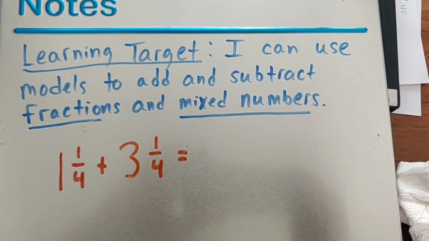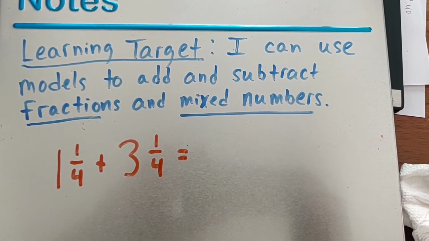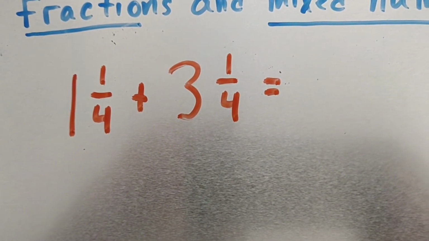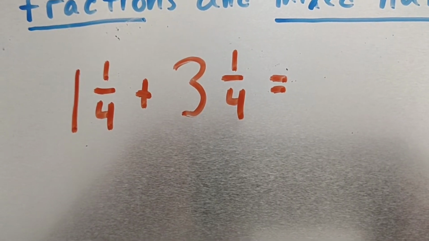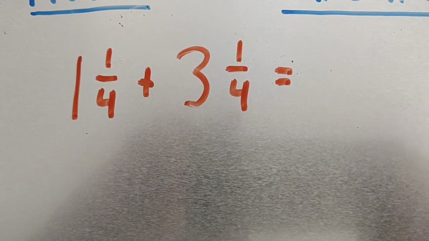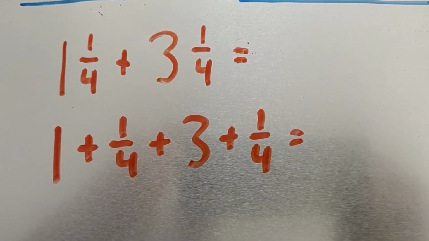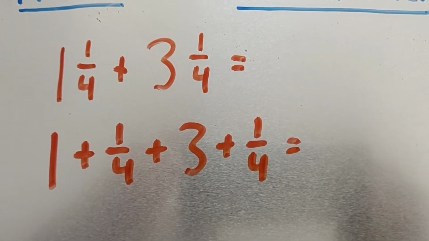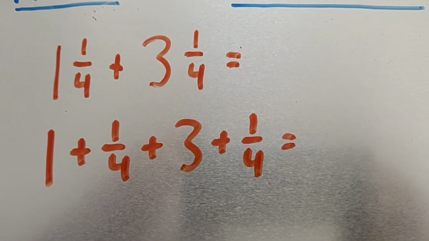So now let's get to the part of our learning target where it says I can use models to add mixed numbers. So here are two mixed numbers, 1 1/4 and 3 1/4. And we're asked to add 1 1/4 and 3 1/4. This can be rewritten as 1 plus 1/4 plus 3 plus 1/4, because 1 1/4 is the same thing as saying 1 plus 1/4.